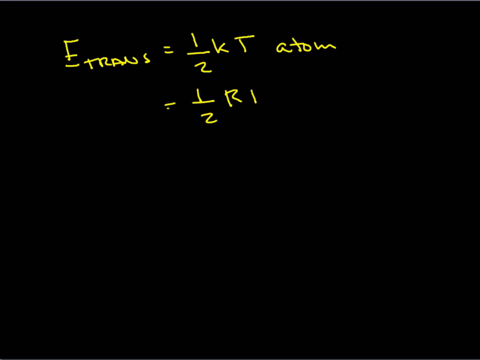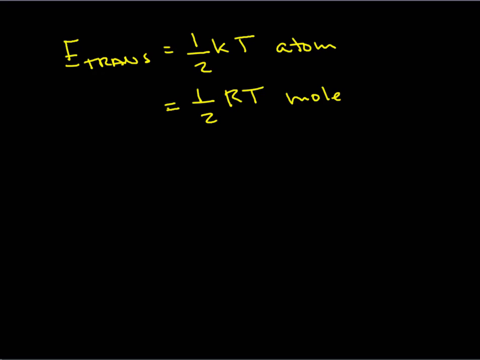As we continued that conversation about translational energy, we found that each translational degree of freedom was equal to 1/2 kT for an individual atom, or was equal to 1/2 RT for a mole of a particular gas.